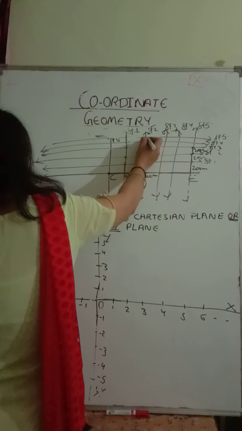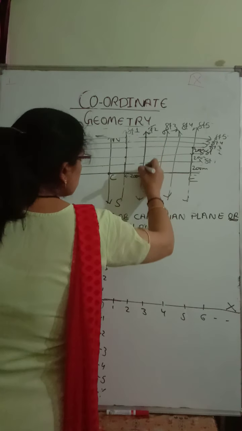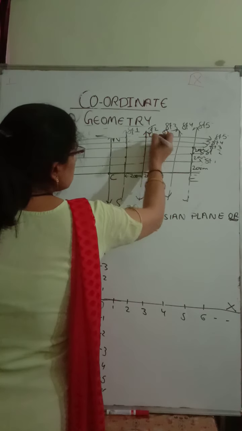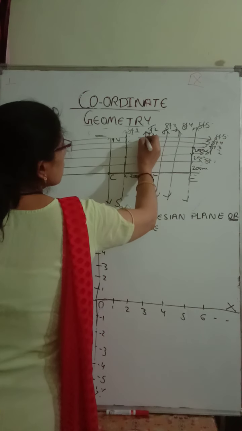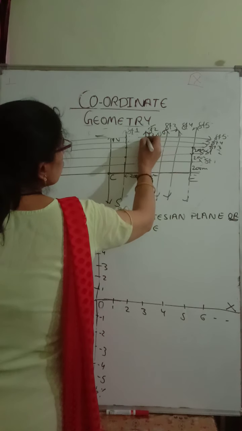So it will be represented as 2,5. Second street in this direction, fifth street in this direction. So we take second first, 2,5. So this will be 2,5.